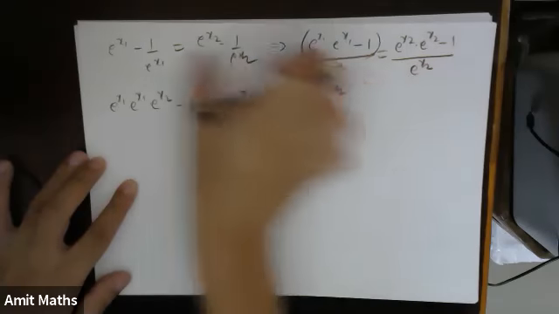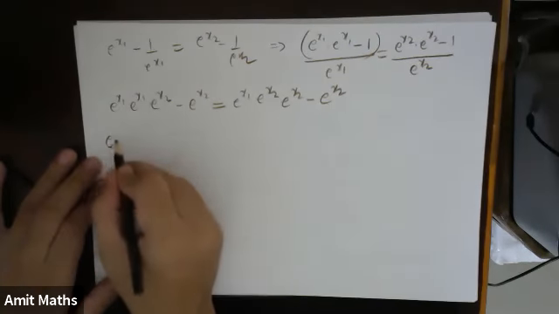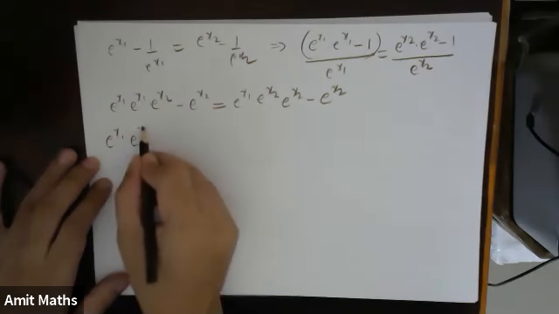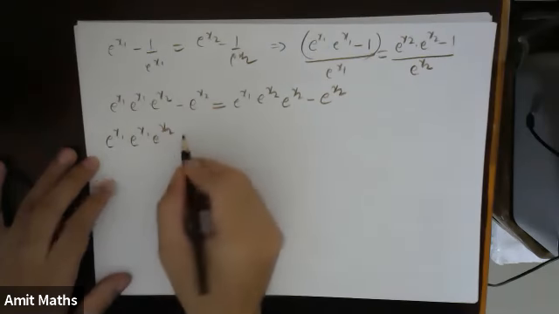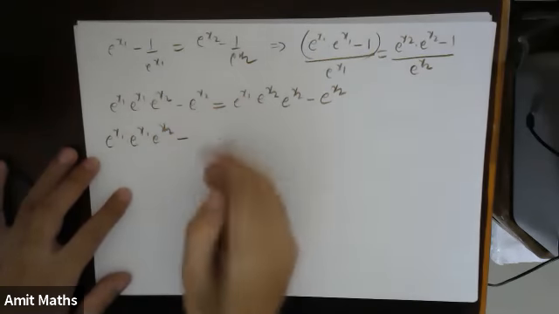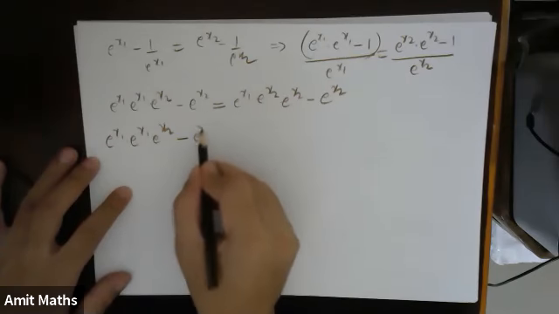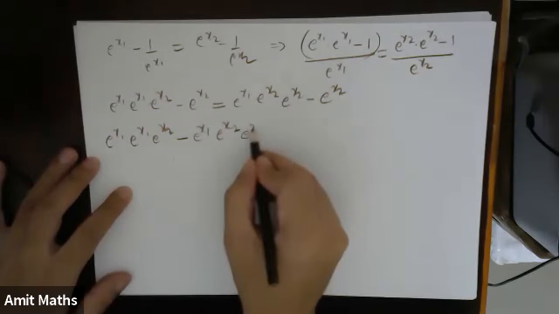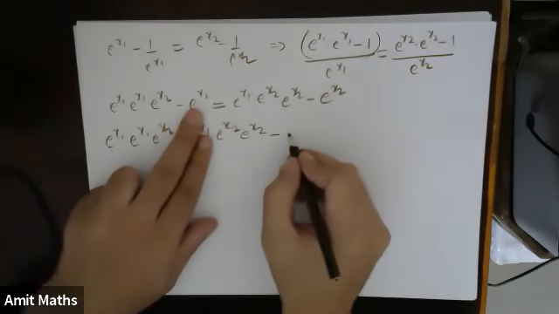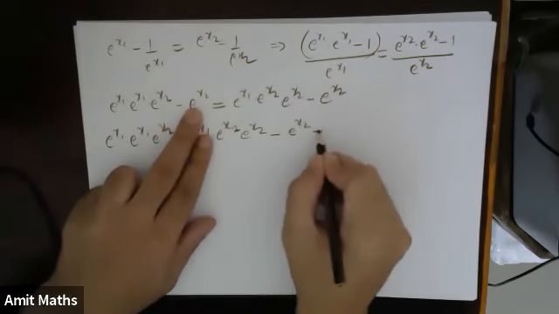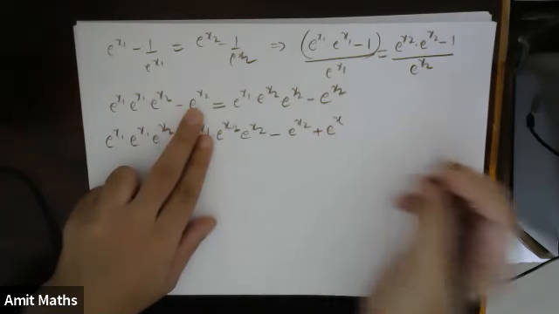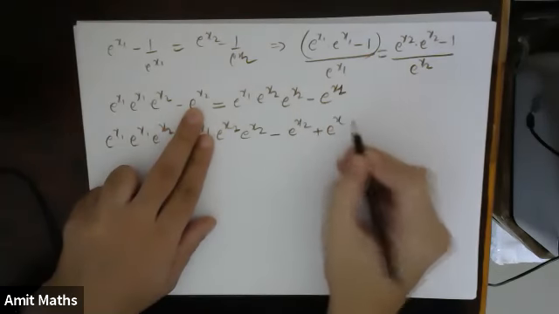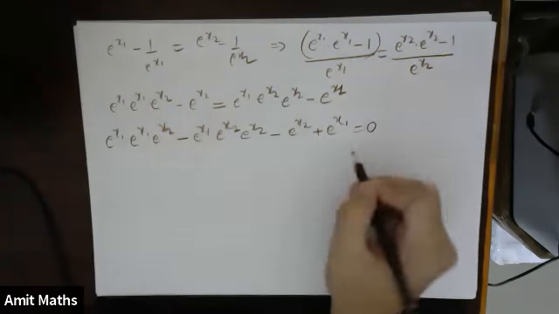Okay, now I'll bring everything on one side. So this will become e^x1 e^x1 e^x2 minus, this part will become negative, e^x1 e^x2 e^x2 minus e^x2 plus e^x1 equal to 0. From here what can I take common?